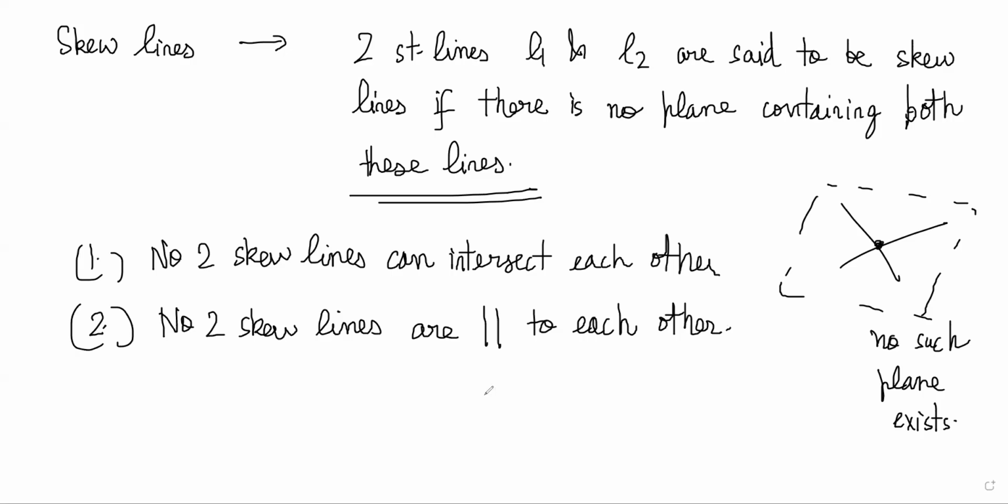Now, the first thing that we have to do about skew lines, the first theorem, is this one. Let L1 and L2 be two skew lines.